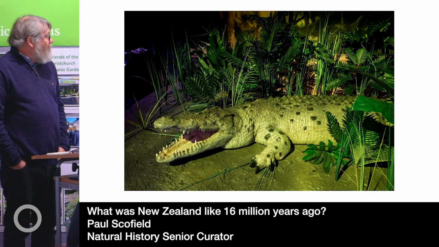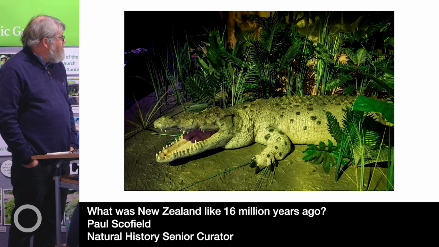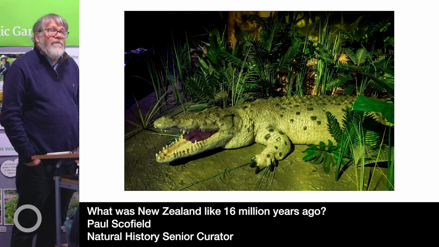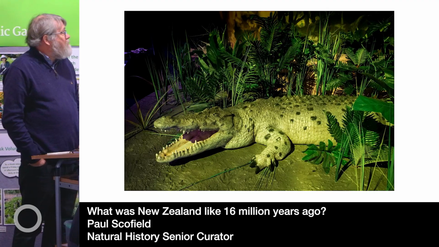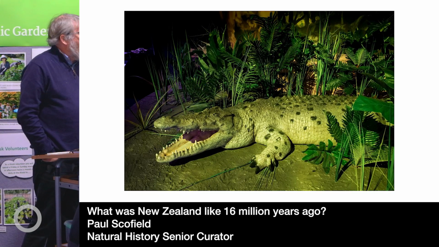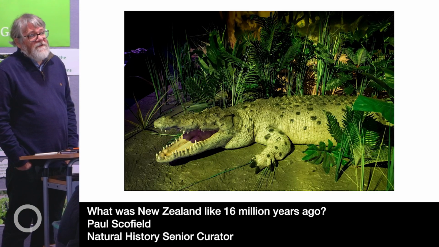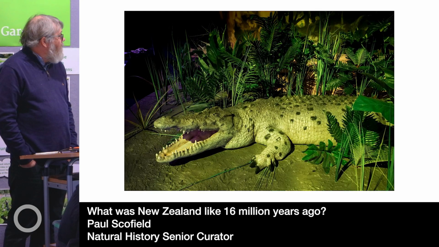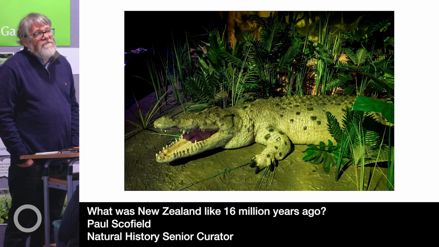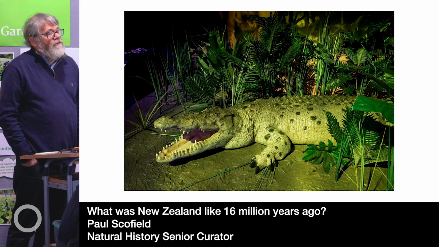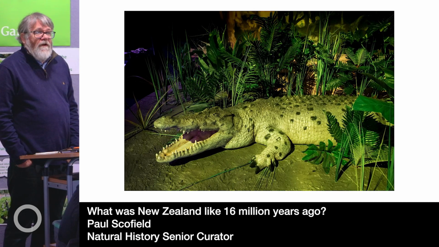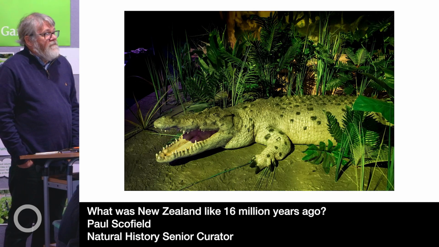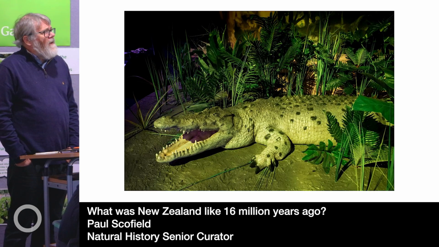So hopefully in the next couple of years we'll be able to nail down their relatives. We had originally believed, and this work has been spearheaded by Dr. Stephen Salisbury at the University of Queensland, that these crocodiles were most likely related to a group of crocodiles that were in Australia during the Miocene and even until quite recently, up until about 30, 40 million years ago, and became extinct.